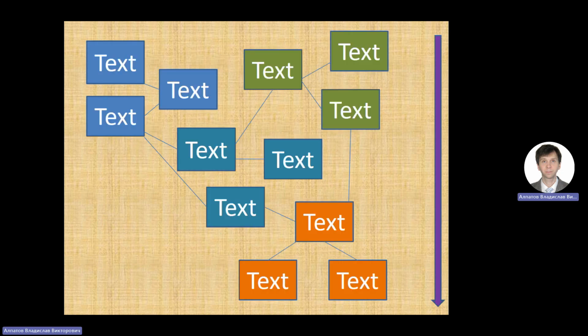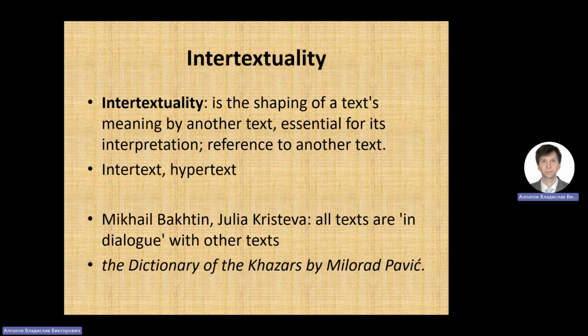So in a way, we deal with this universe of texts, all of which are connected to each other. So in a way, this is a model of how texts exist. Well, the internet is a very good model, right? When we click a hyperlink and it leads us to a hypertext.